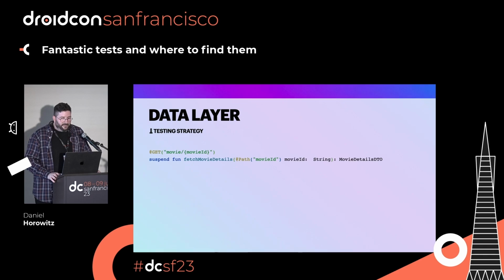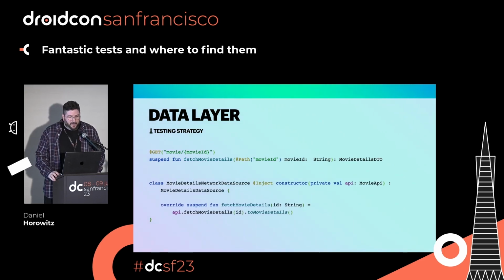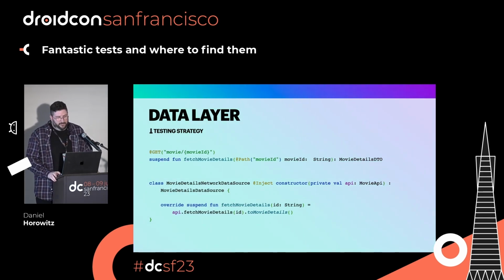So let's think about this example. So we have a real simple API that receives a movie ID as a parameter and fetches the details of a movie, right? So then you create a network data source for this, and you inject the movie API, right?